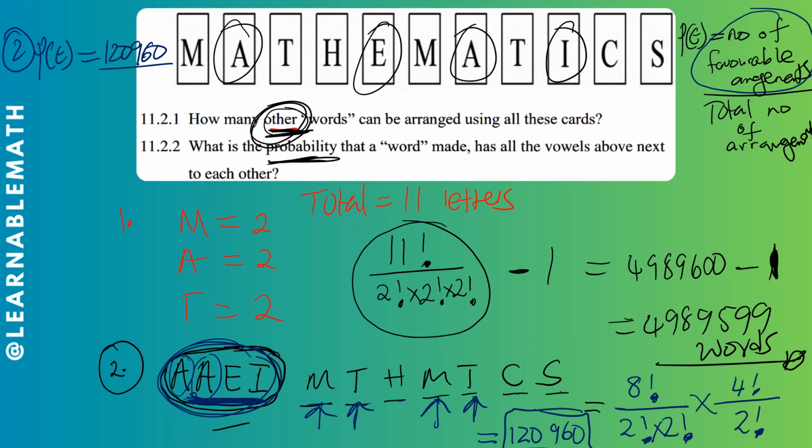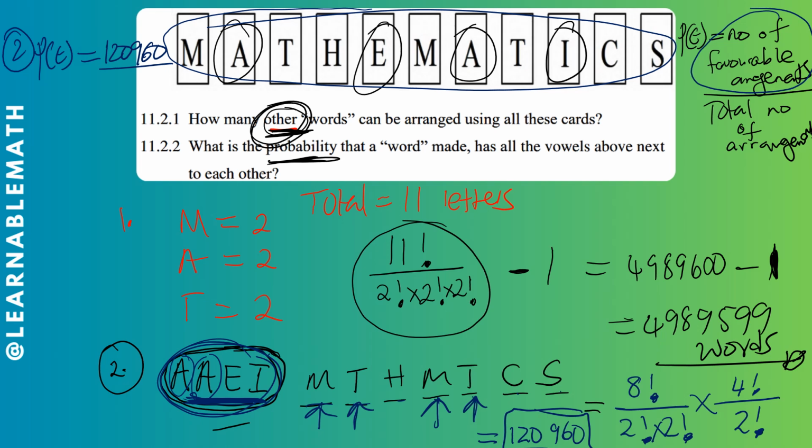So the total number of arrangements of all the letters in this word, we have already counted it in the previous question. But remember, the previous one said other words, so it excluded the word mathematics. In this case, we won't exclude it because we are saying total number of arrangements.